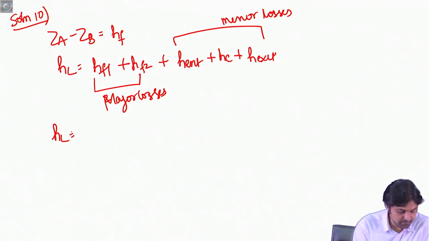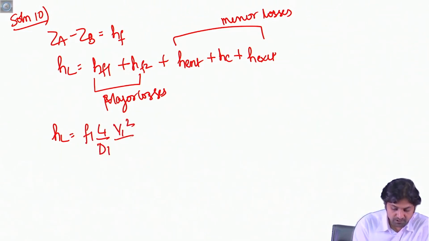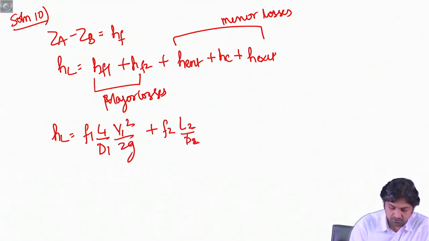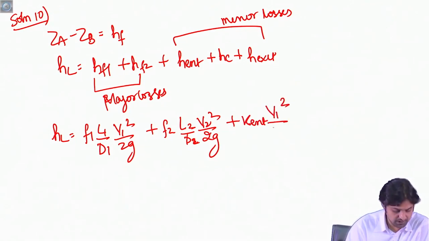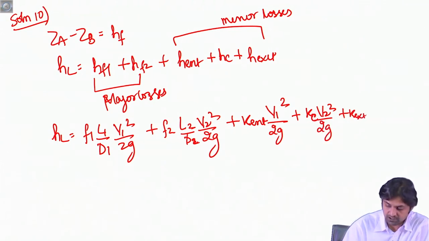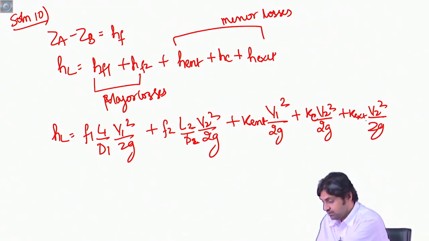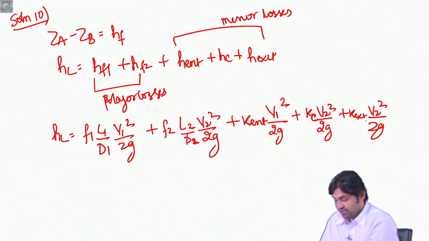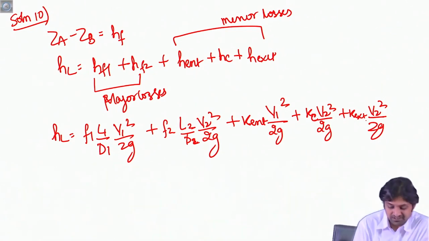So we can simply write the formula first. F1 L1 by D1 into V1 square by 2G plus F2 L2 by D2 into V2 square by 2G plus K entrance V1 square by 2G plus Kc into V2 square by 2G plus K exit into V2 square by 2G. This is an important formula.